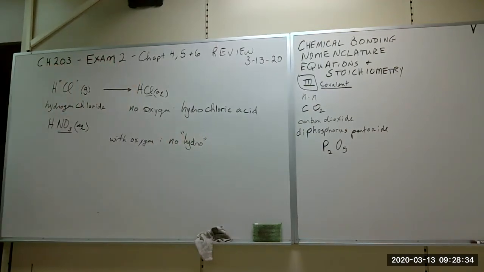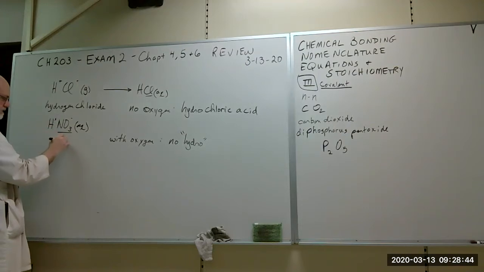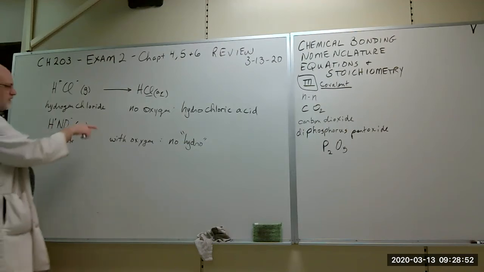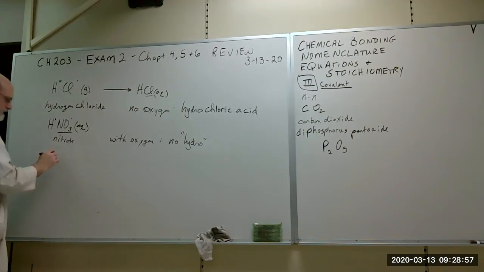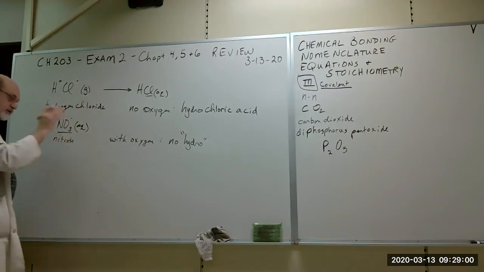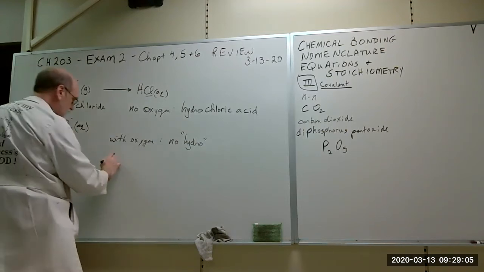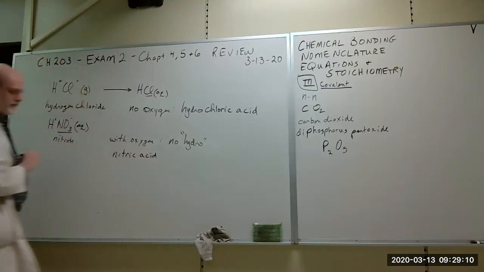You don't say hydro. You start with the part that has the oxygen in it. You look for what it is called. This ion is nitrate. And "ate" becomes "ic." So you don't say hydro, you just say, instead of nitrate, nitric acid. Okay?